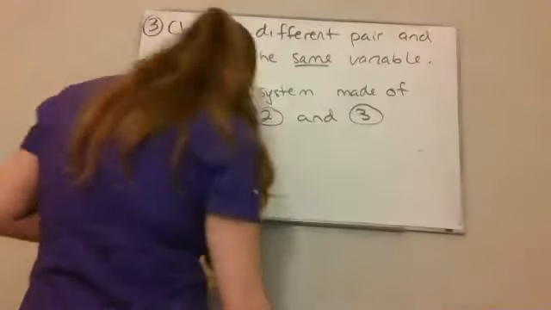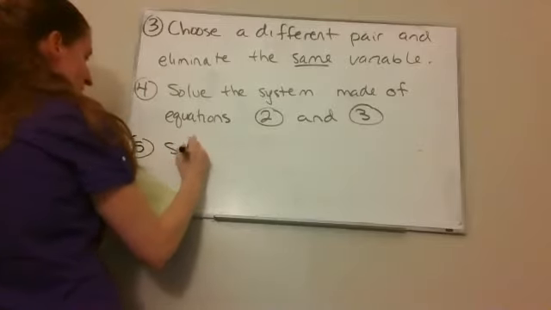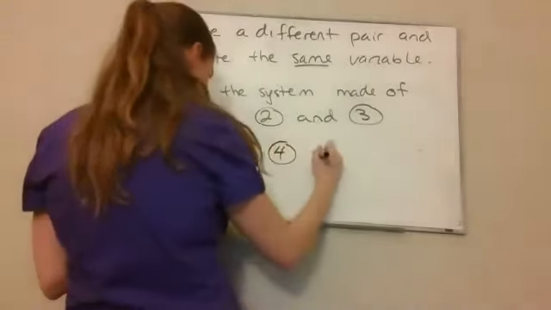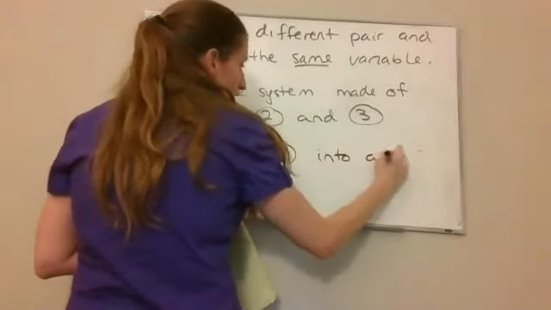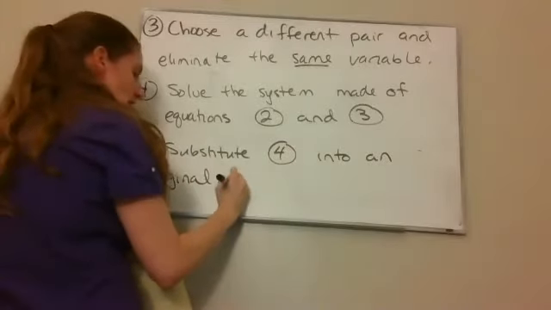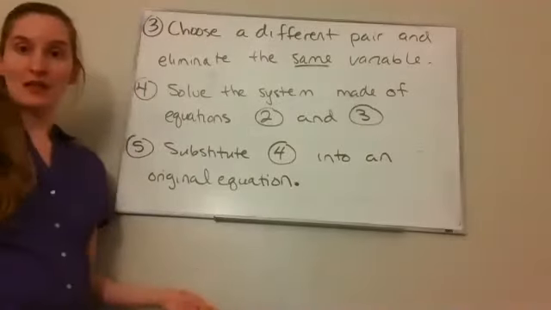So then we solve that, and the last step is to substitute the info from step 4 into an original equation to solve for that last variable. And then you're done.